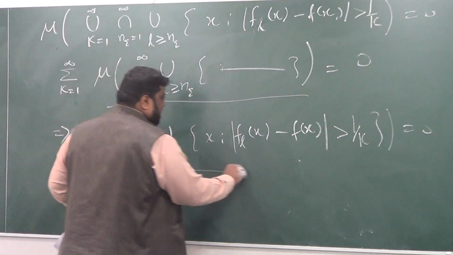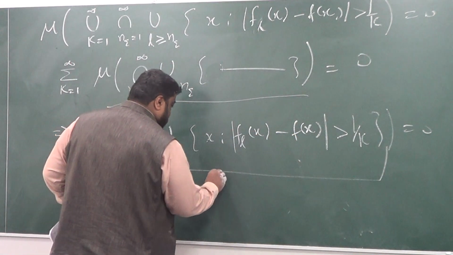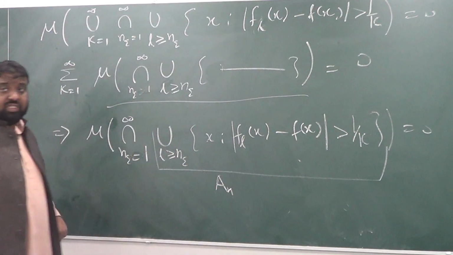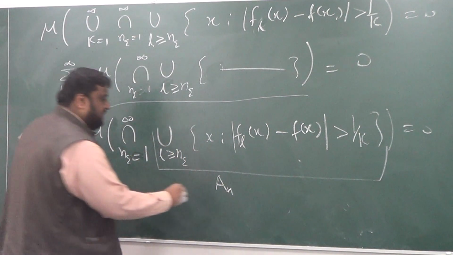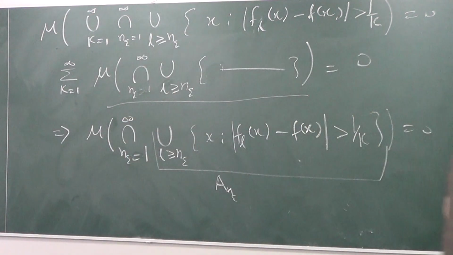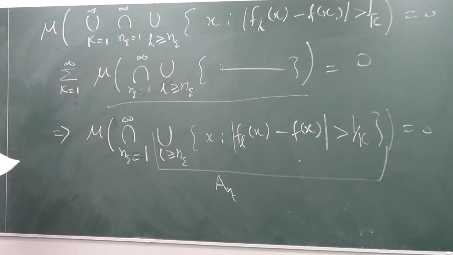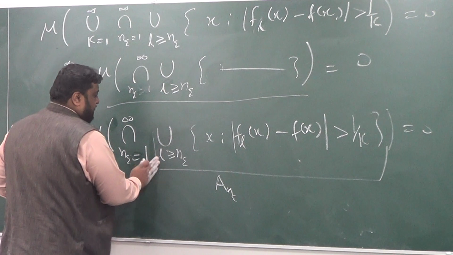By the way, give these objects a name, call it A_n epsilon, it doesn't matter. A_n epsilon is some set.